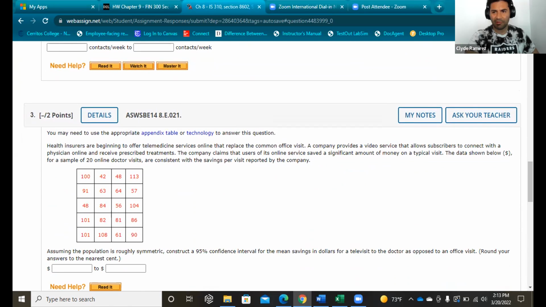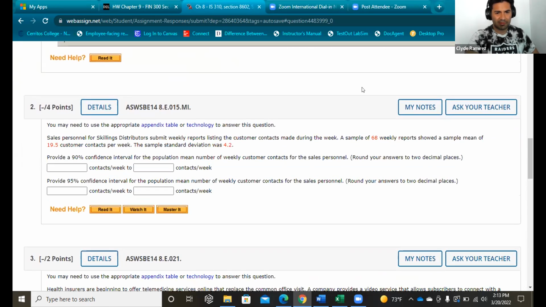And what about the next one? Oops, I skipped one. Okay. Sales personnel for Skillings: a sample of 68 showed a sample mean of 19 and a half. The sample standard deviation was 4.2. Okay, you can do this with the calculator. Let's do it.